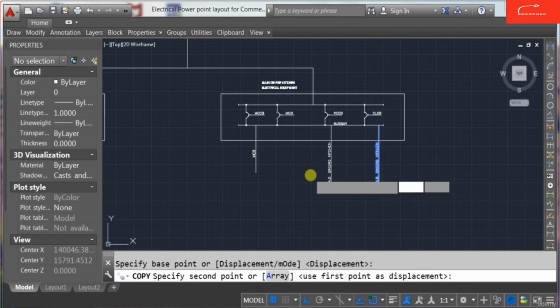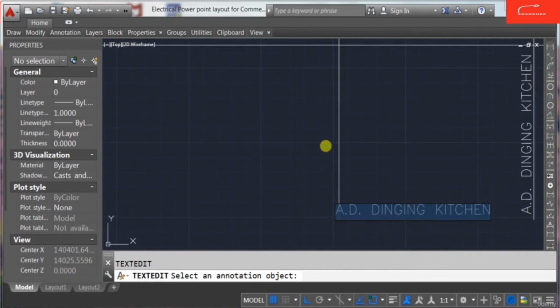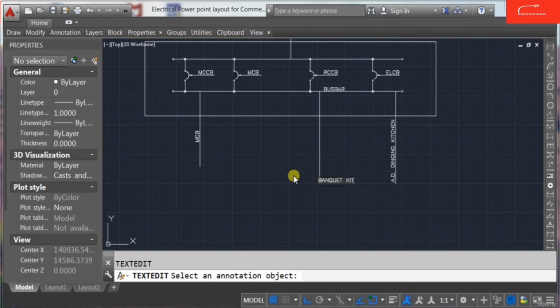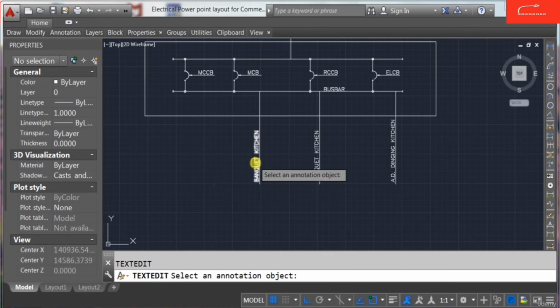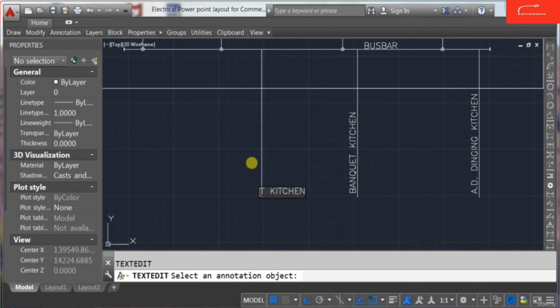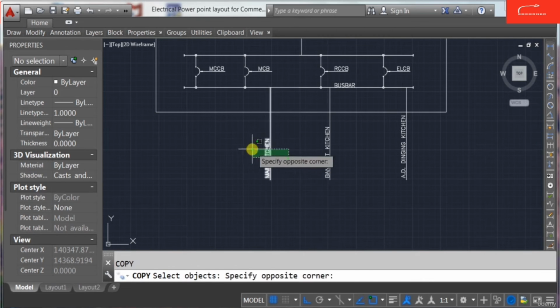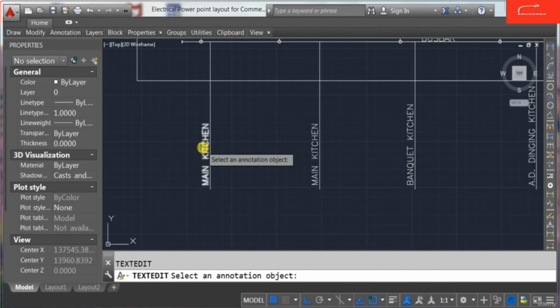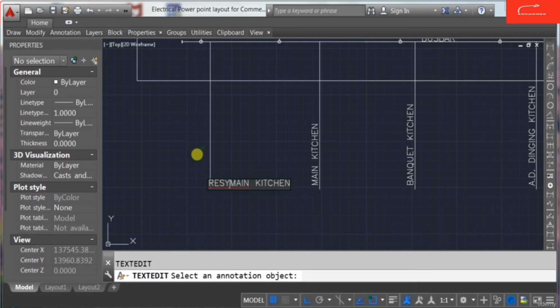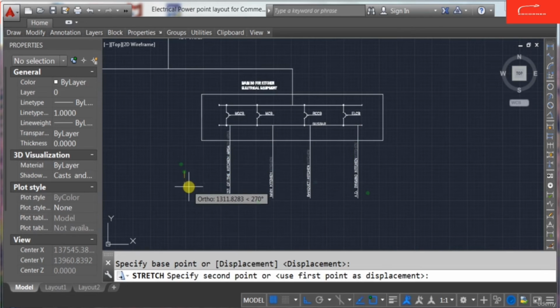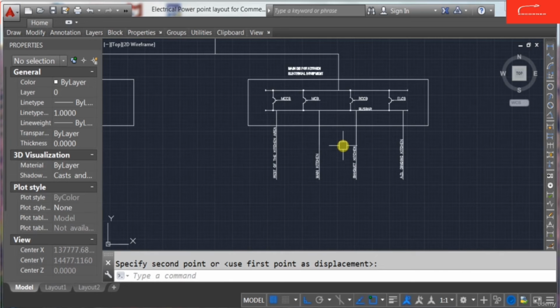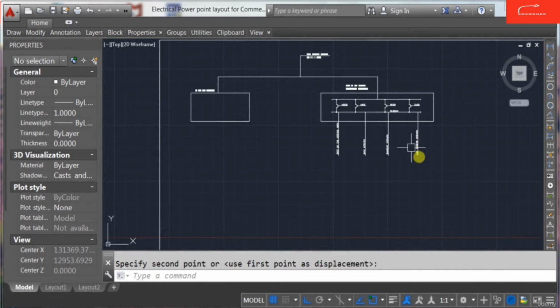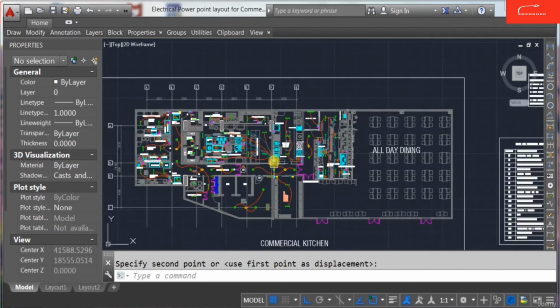Then next one is banquet kitchen, and the next is main kitchen, and this is rest of the kitchen area. So these are the four main branches that I have done.